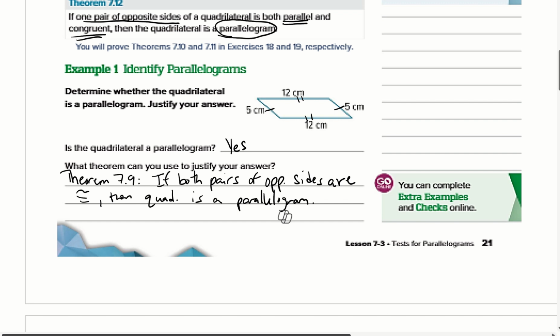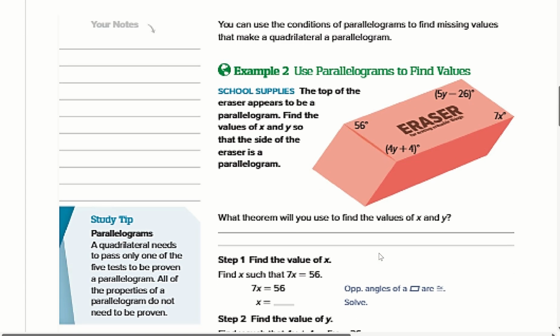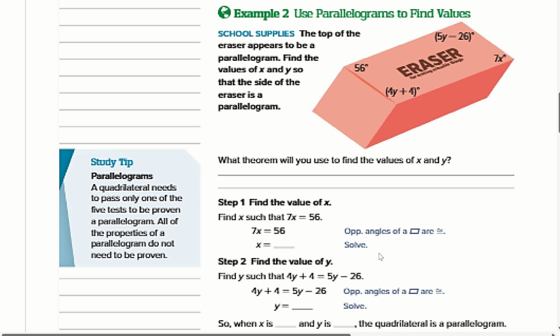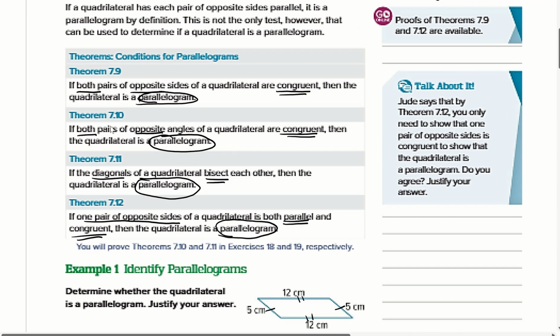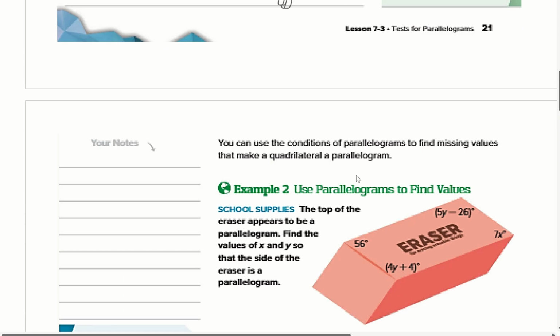Okay, so it takes care of example 1, really straightforward. All right, so example 2, we have something that we want it to be a parallelogram. And so if we want it to be a parallelogram, then we have to use the conditions. So one of the conditions was that if the opposite angles are congruent, then it's a parallelogram.